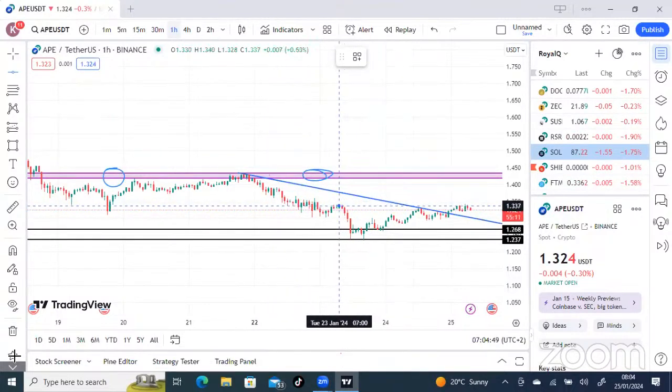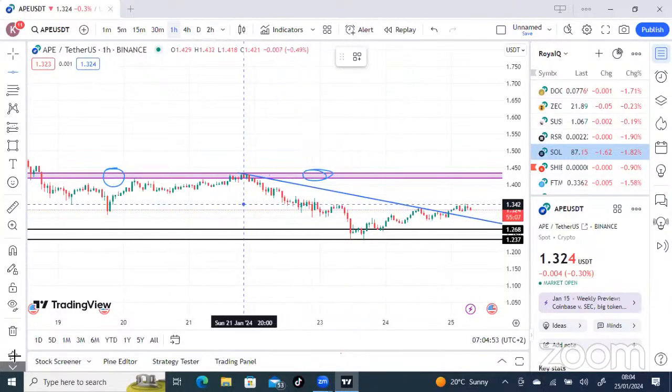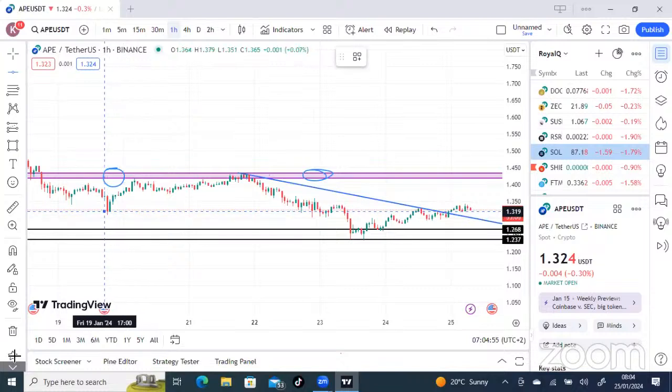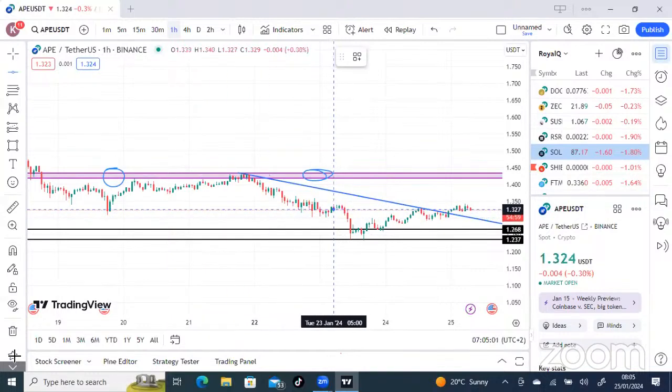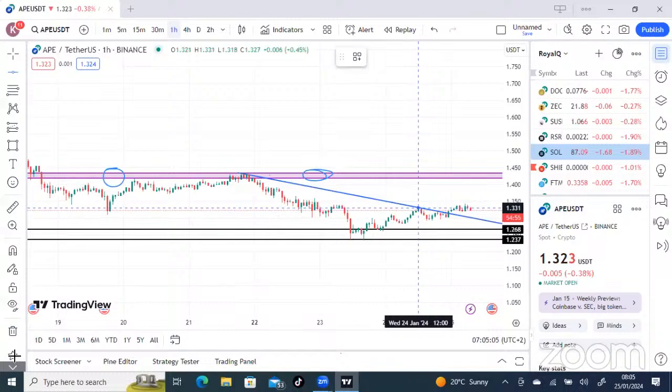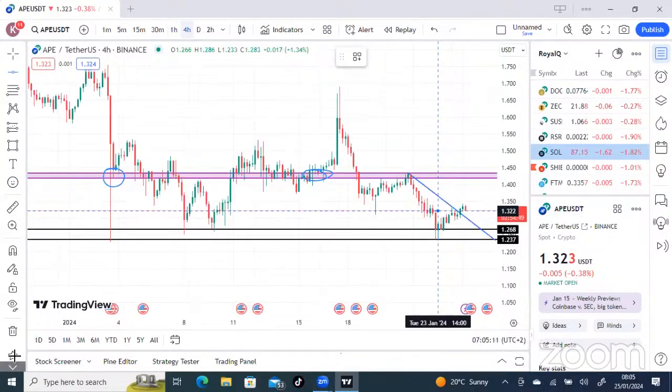And there is an area here, although to me it is not so much clear. It is around here, but it has already been broken. So let me keep my analysis in the 4-hour time frame because it gives me a clear picture.